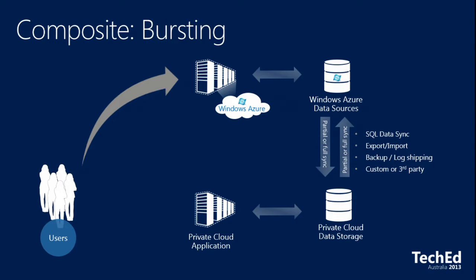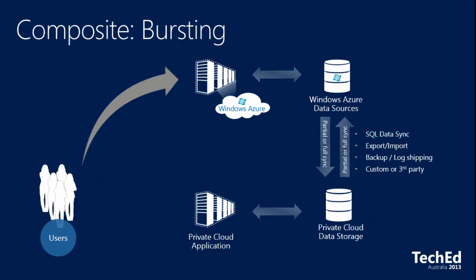And I'll talk about VHD mobility at the end of the presentation. But if I'm talking about Azure, my options around how I do this synchronization, because what I want to do is push the event up and then bring the data back down once the event's finished so I can do localized reporting. If it's SQL database, I can use something like SQL Data Sync.